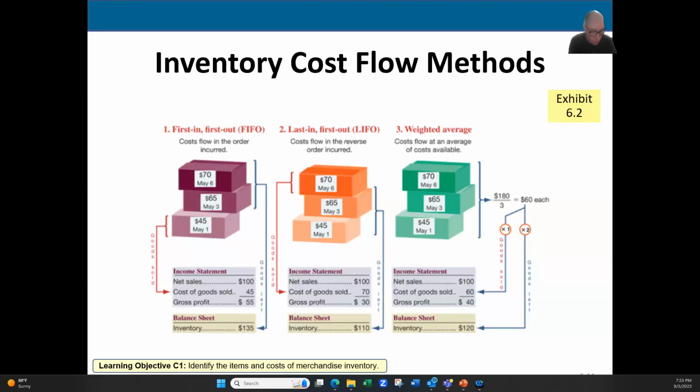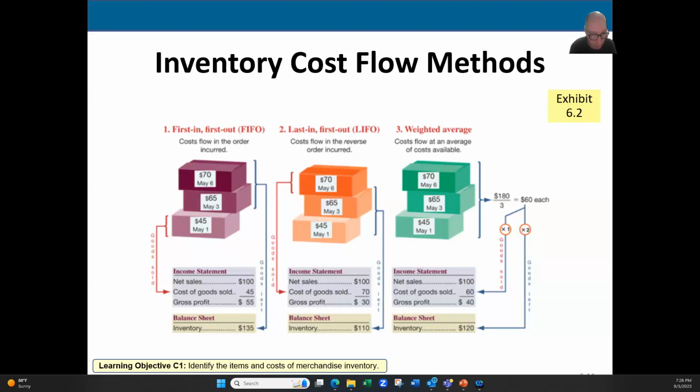So you might be asking yourself, Dr. B, how do I know which one's the best one to use for my company? The answer is, it depends on the company that you're running. And the second answer is, it depends on the objective of the company. Here's what I mean by that.